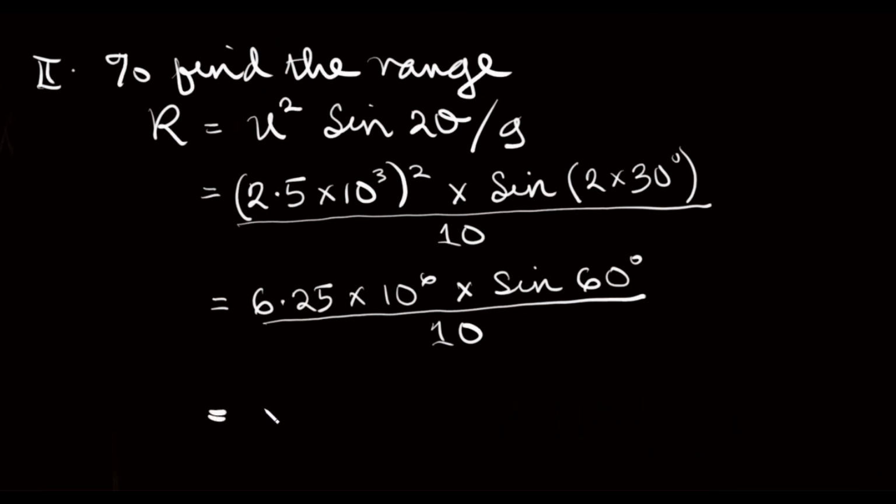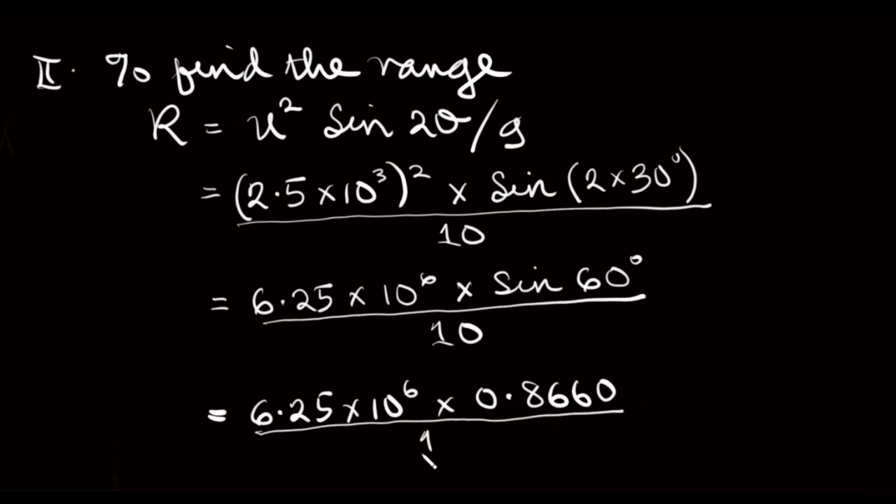Further evaluation gives us 6.25 times 10 raised to the power 6 times 0.8660, which is sine 60, all over 10.